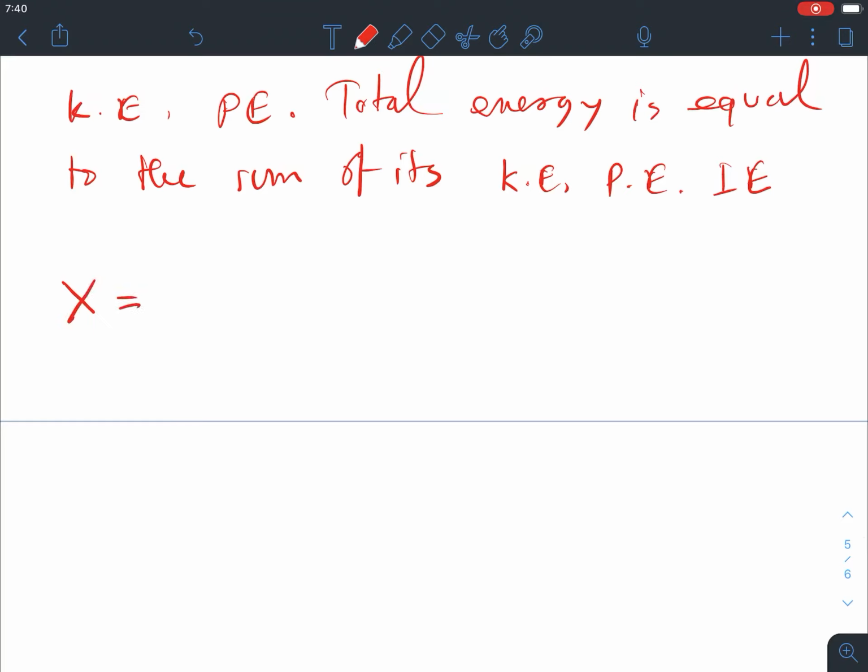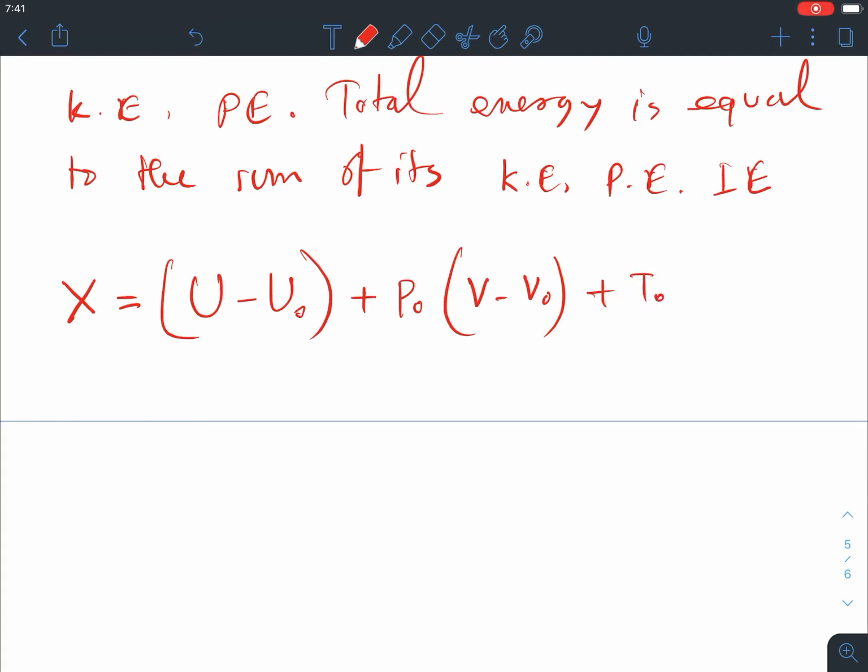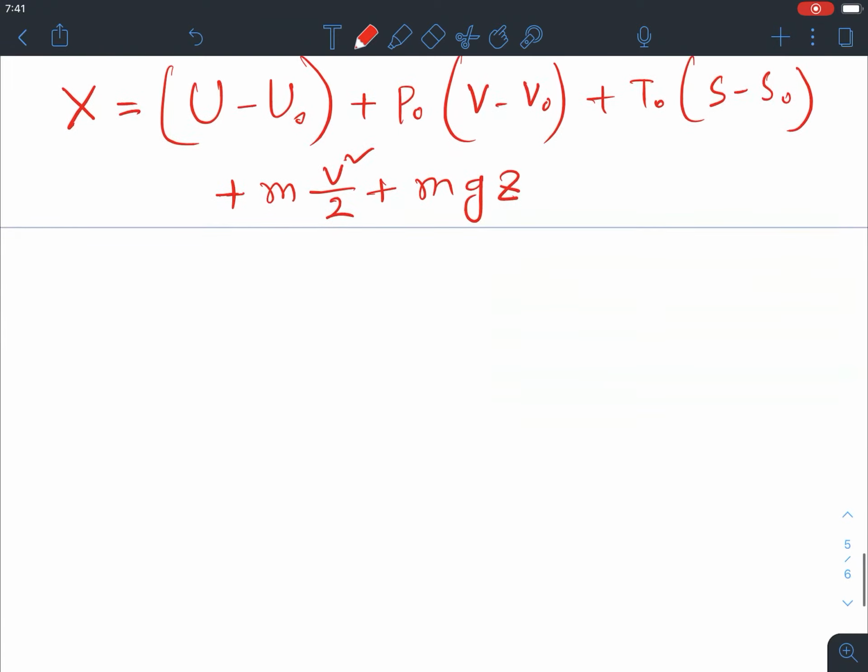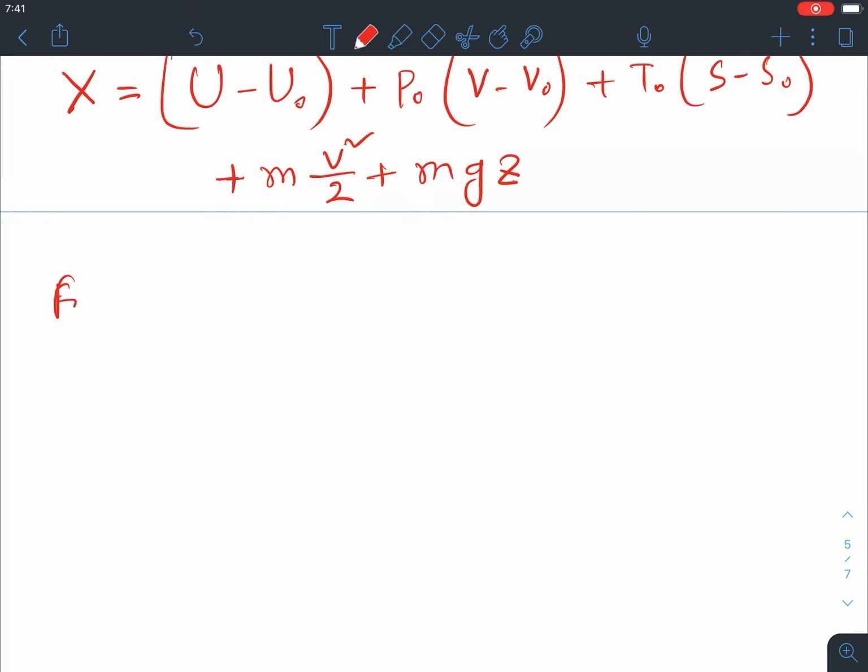So that means the expression of exergy X equals the change in internal energy plus P naught times V minus V naught, minus T naught times S minus S naught, plus the change in kinetic energy, which is mV squared divided by 2, and the change in potential energy, mgz, right?